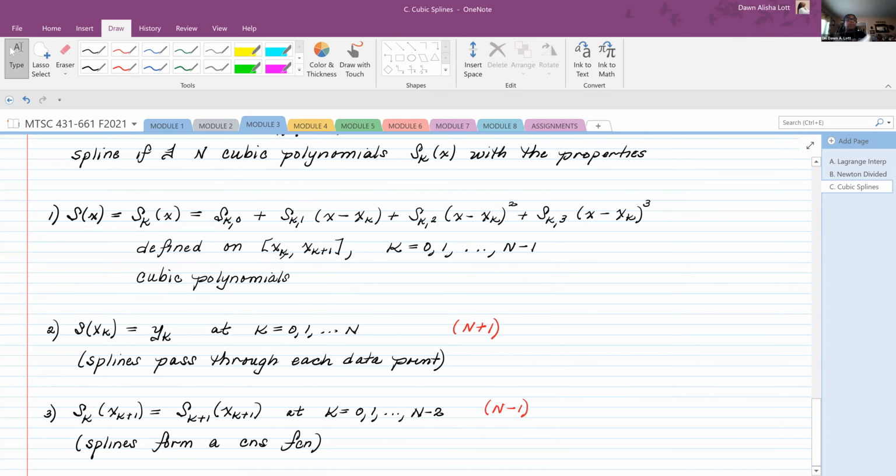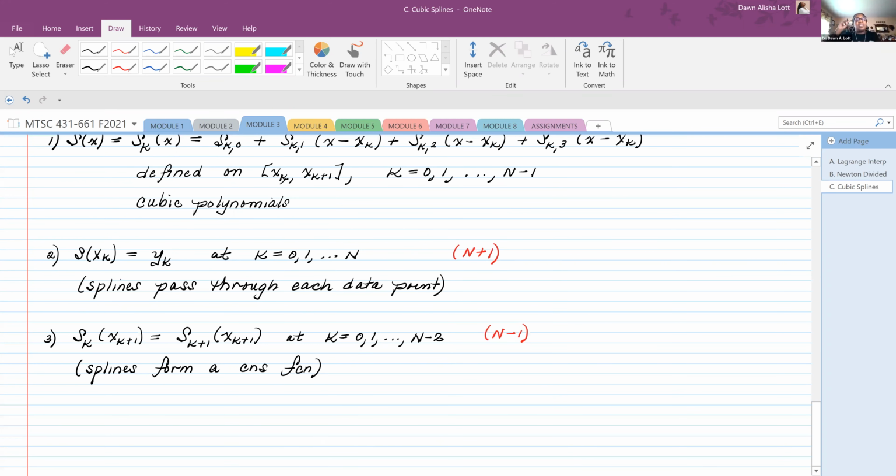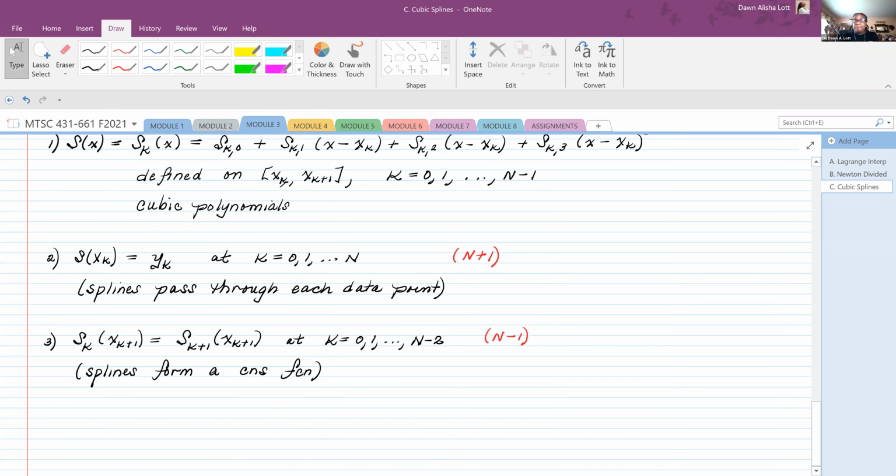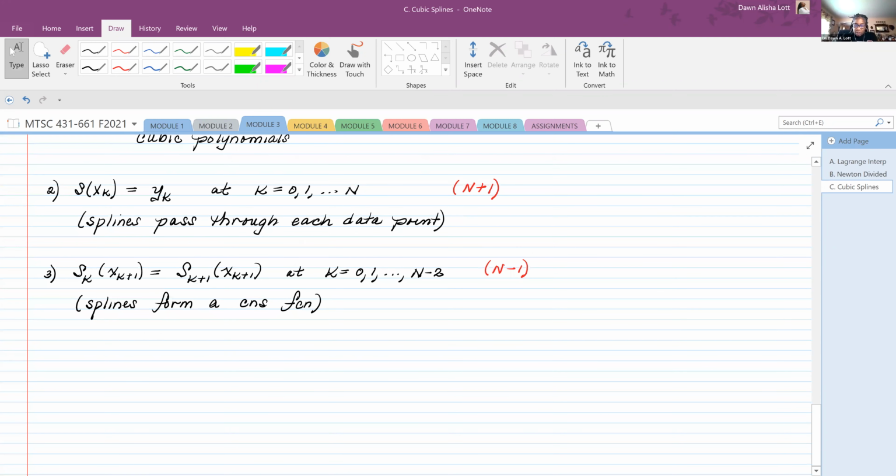All right, so we defined our S as such. Then we said the splines actually have to go through each data point. Then they have to be continuous, so we have n minus 1 of those conditions. Number 4, the first derivative has to be continuous.